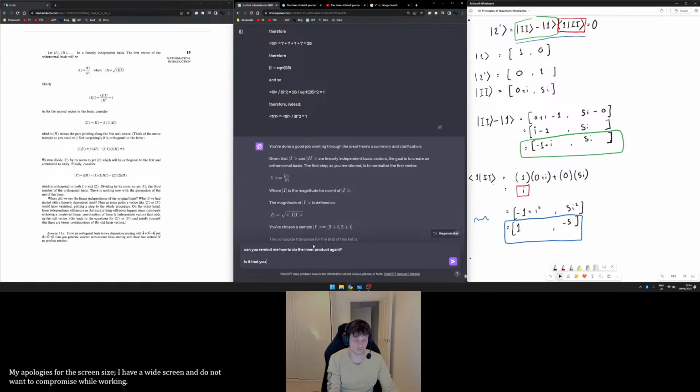Is it that you multiply... because we got to, imagine 1 equals 1, 0 and 2 equals 0, 1.